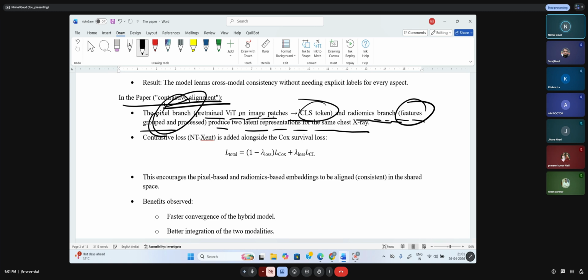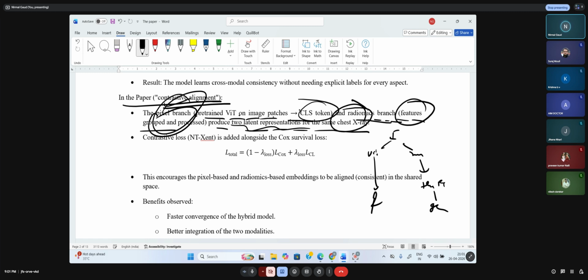We give the image to the ViT branch and to the radiomics branch. From radiomics, we collect traditional machine learning feature extraction techniques, which are grouped together, and from the other we take the latest vision transformer techniques. Two representations are created for the same chest X-ray.